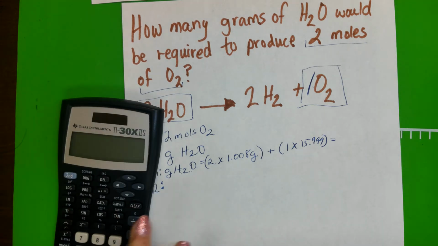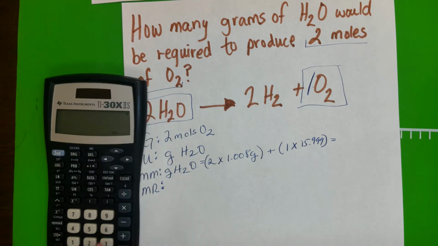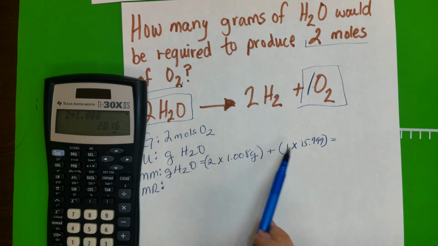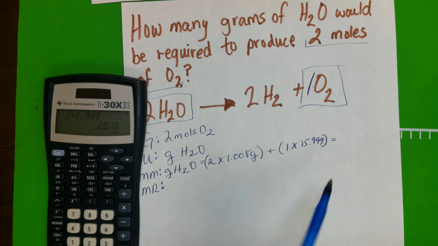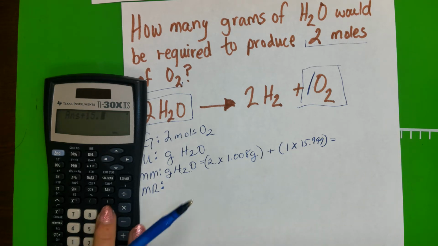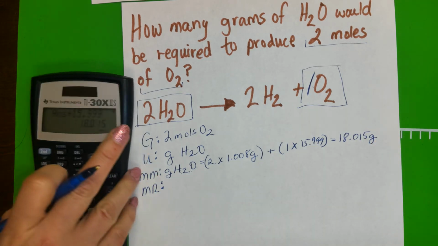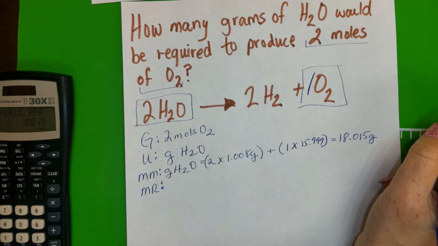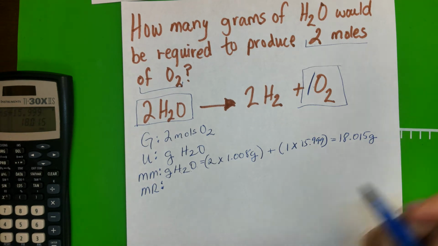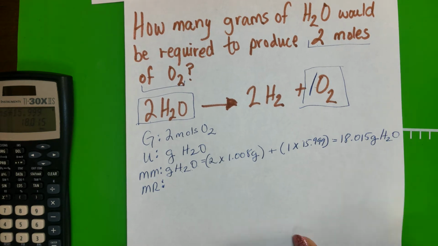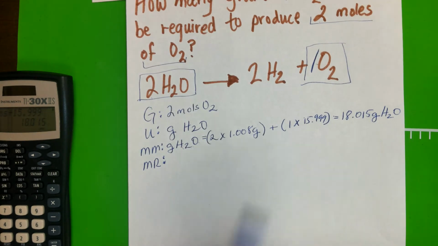Let's calculate that. 2 times 1.008 equals 2.016, plus 15.999 equals 18.015 grams. Now this is per mole, per 1 mole. This is important: the grams of H2O.